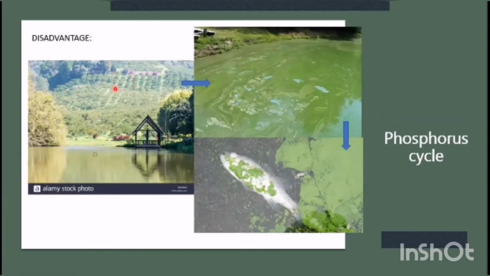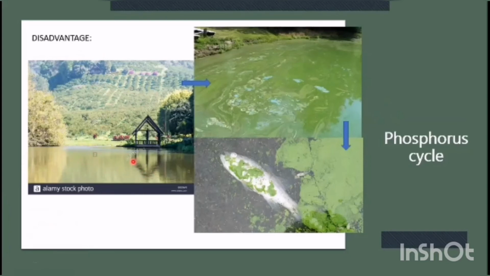This is an example of a field, and when it rains, an excess amount of phosphorus will leach down this hill and come to this lake. This phosphate ends up in these lakes.